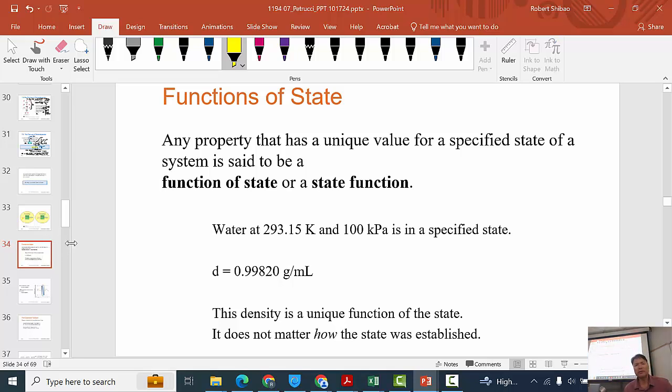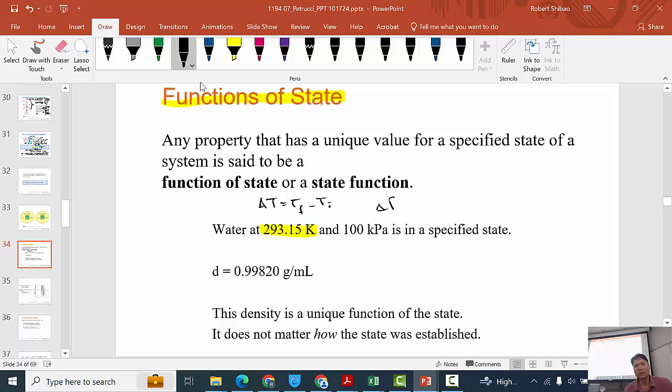State functions, or functions of state, are any property that has a unique value. For example, temperature. Delta T only depends on T final and T initial. So delta T depends on the final state and the initial state.